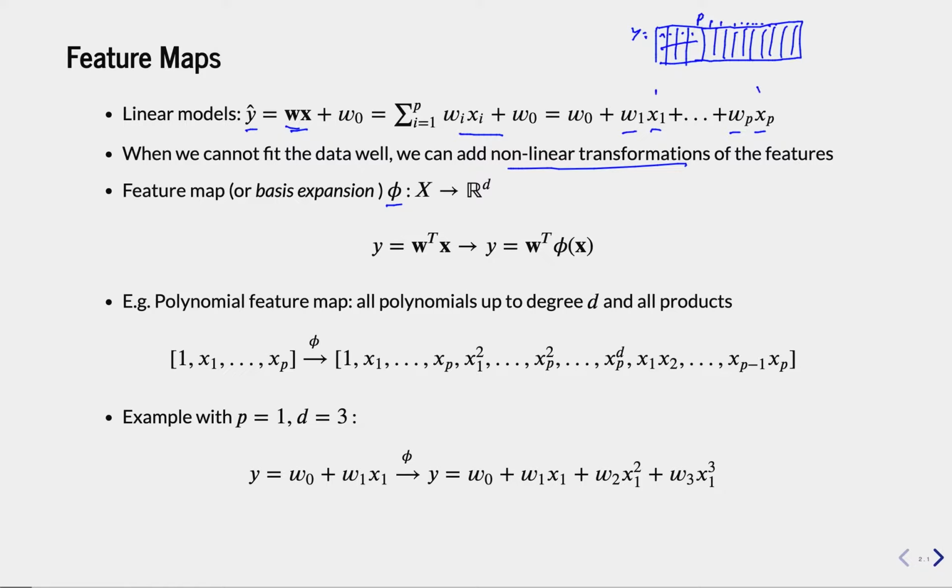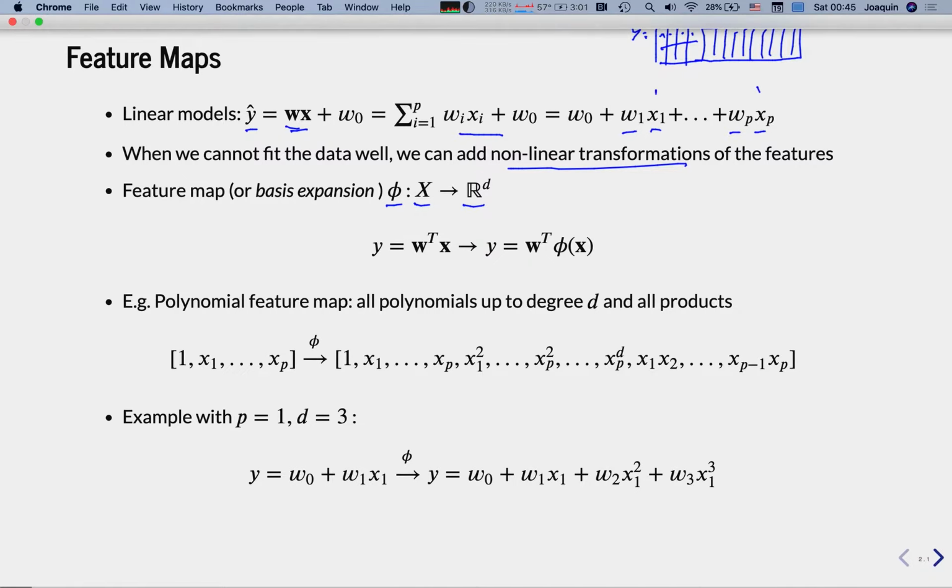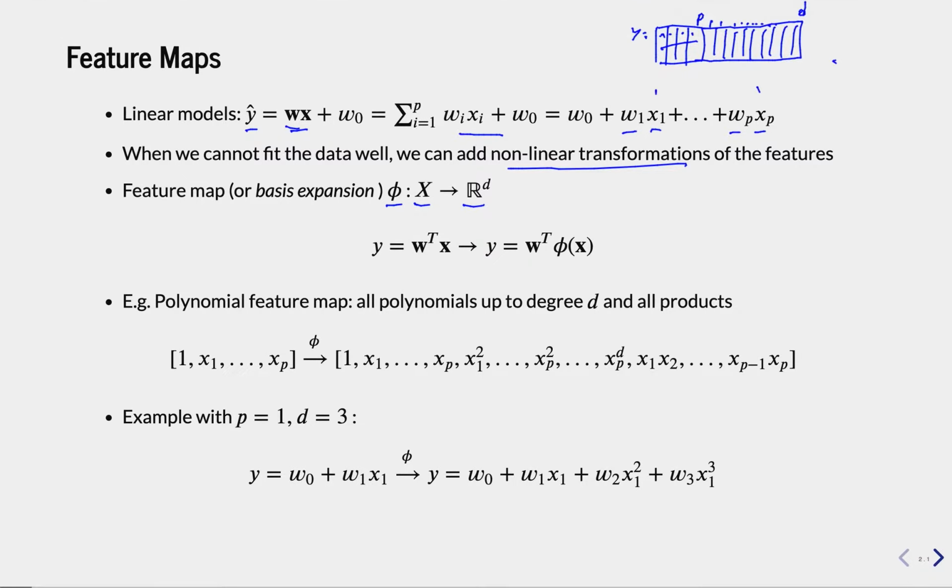So that given our original features x, it produces a d-dimensional space, with d columns, in which our points then live. We call this in general a feature map or a basis expansion. We start from an existing basis and we expand that, we map that to a larger, more high-dimensional space.